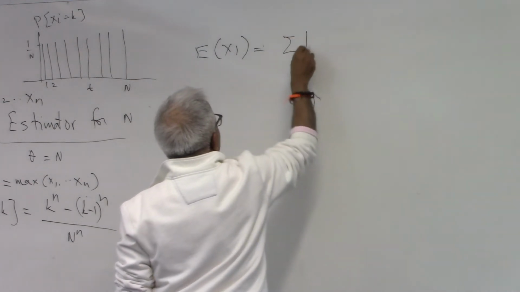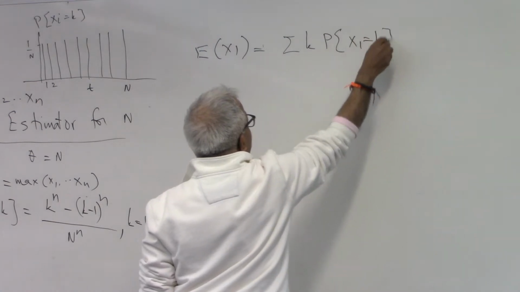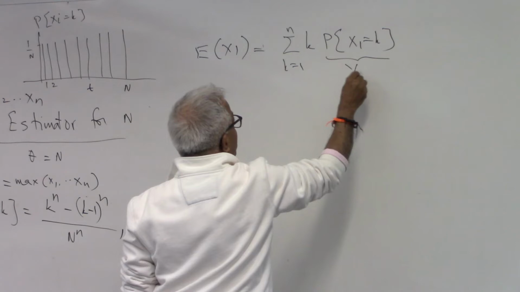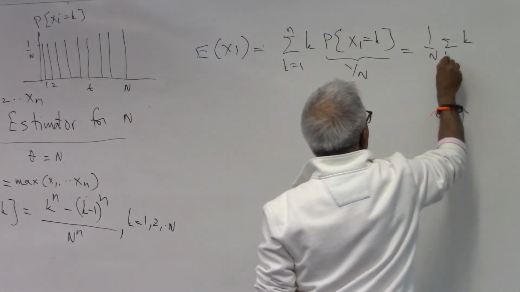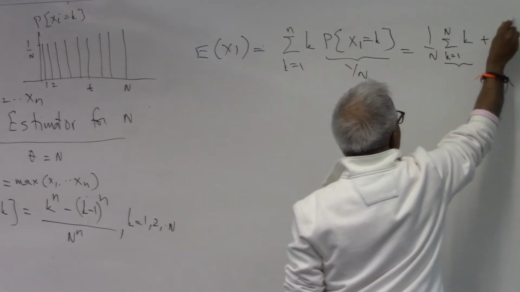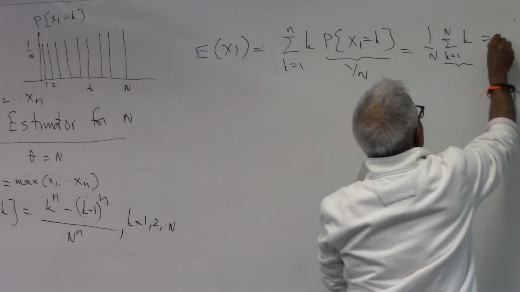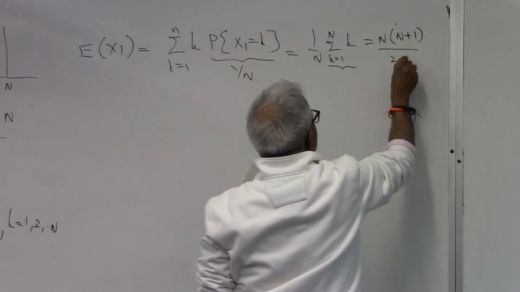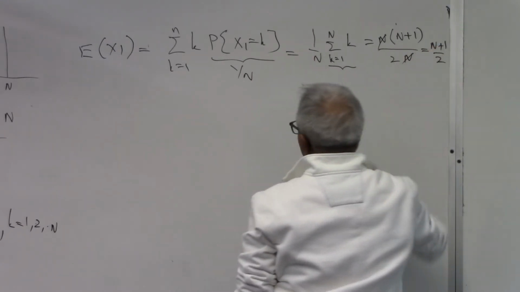It's the sum of k multiplied by the probability of x1 equal to k, where k goes from 1 through n, and this probability is 1 over n. So it's 1 over n times the sum of k, k from 1 through n. What is that sum? So that's going to be n multiplied by, so you get this.